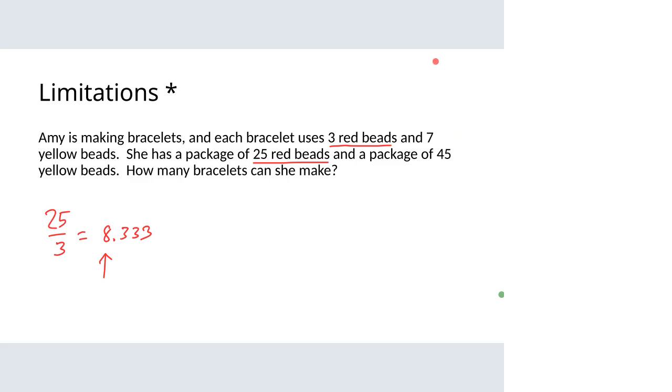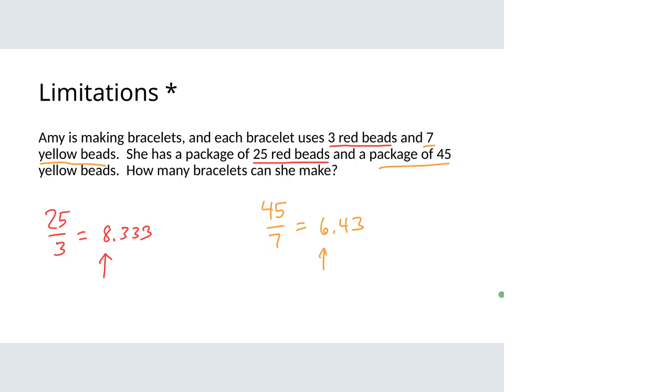She uses 7 yellow beads every time she makes a bracelet, and she has a package of 45 of those. So we'll do 45 divided by 7, and when we do that, we get 6.43. So with the yellow beads, she can make 6 bracelets. Well, she needs both.